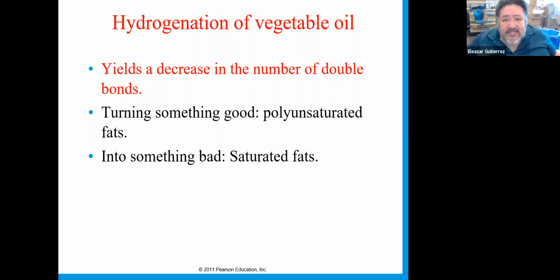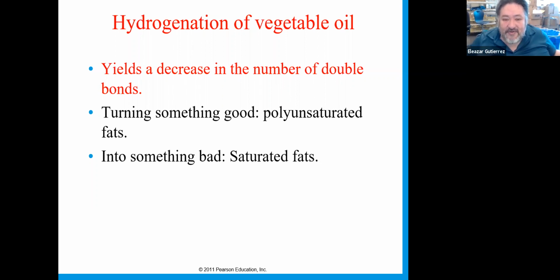And what do these guys do? They pull a switcheroo, and they say, hey, here's this thing that's really good for you because it has polyunsaturated fats. Oh, incidentally, it's made out of hydrogenated vegetable oil.